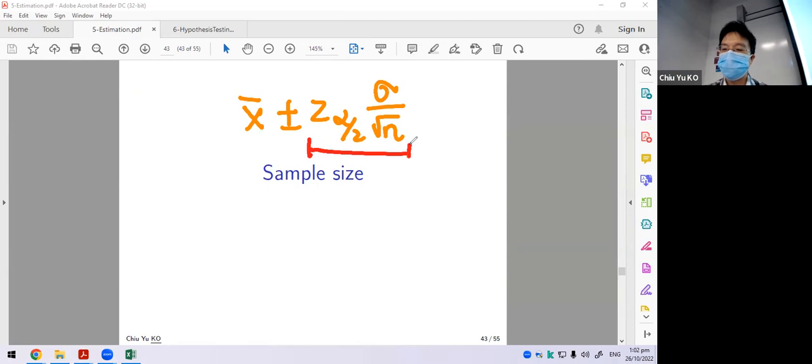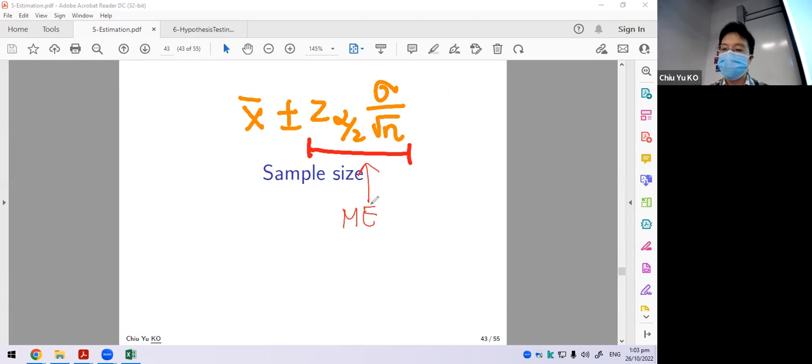Very often before we do our estimation, we want to fix the margin of error, because margin of error is how precise our estimate is. For example, I want to estimate our income or spending up to a difference of 100. How precise do we want? Up to 1,000, up to 10, up to one decimal place?